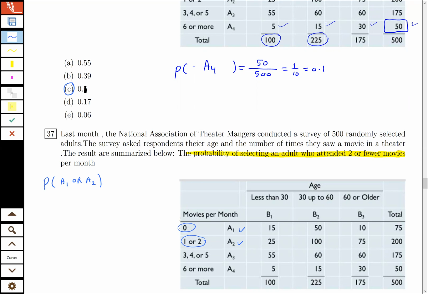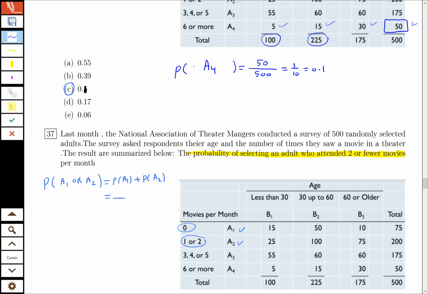So when he asks what's the probability of those who are 2 or fewer, it means either 0, 1 or 2. So that will be the probability of A1 or the probability of A2, which means the probability of A1 plus the probability of A2. Of course, there is nothing common between A1 and A2, so they are mutually exclusive.